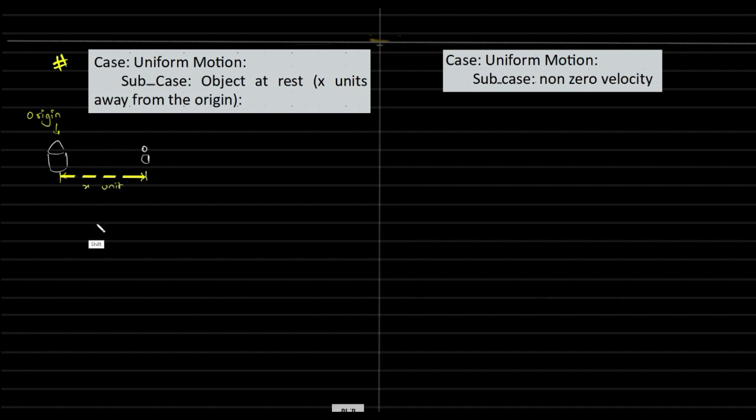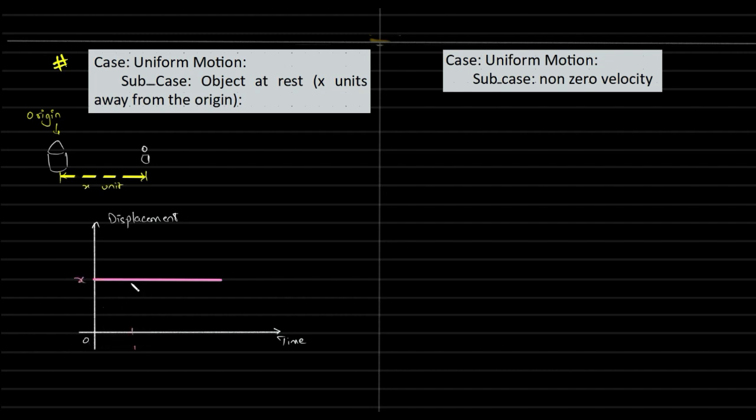So representing this on a displacement time graph, we have a graph like this. So that's time and this is displacement, and that's 0. This would be a graph something like this. Why? See, at 0, you are x units away.